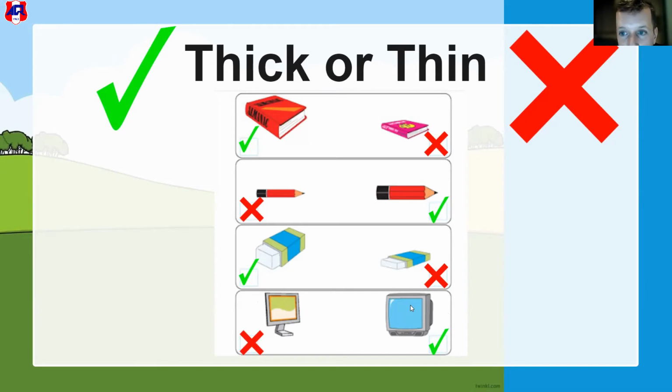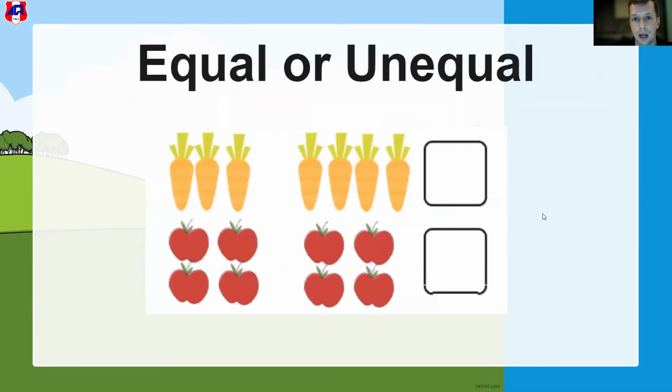Okay, good job. So after thick and thin, we're going to take a look at equal or unequal. Equal means both sides are the same, and unequal means both sides are different. So for example, let's take a look here.